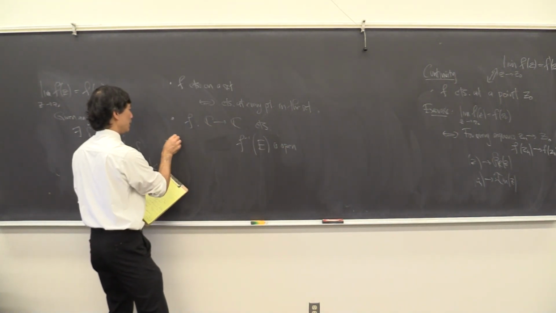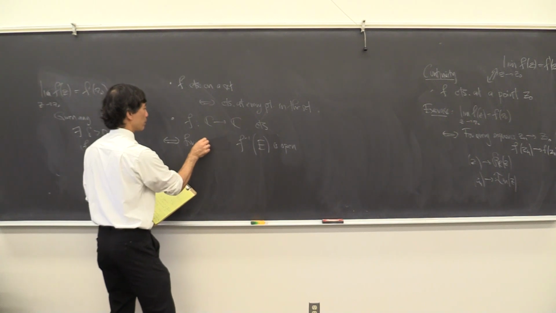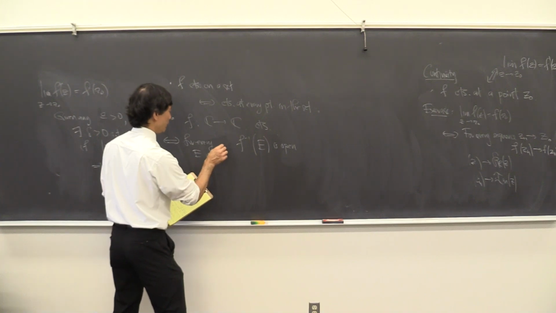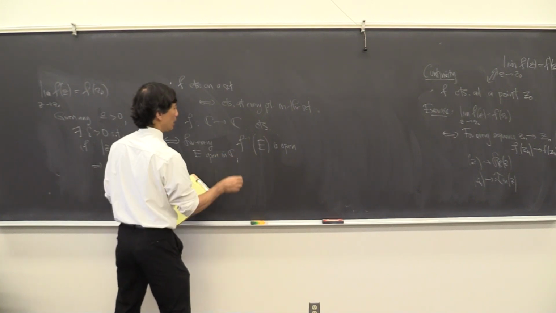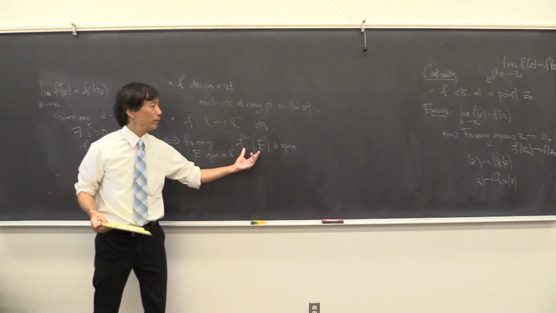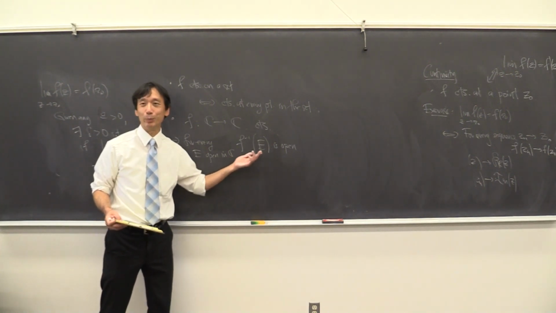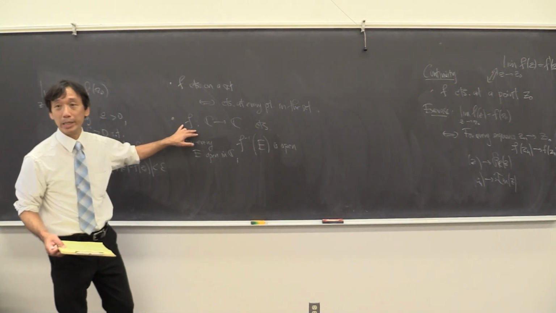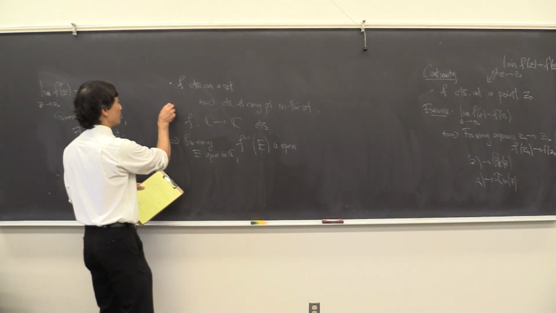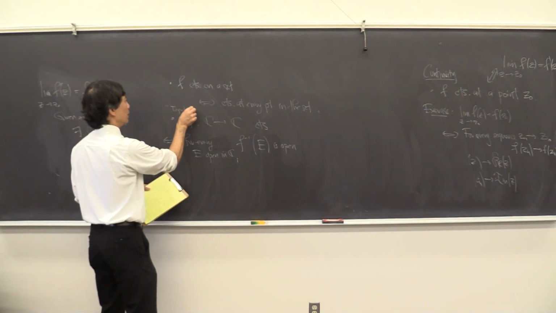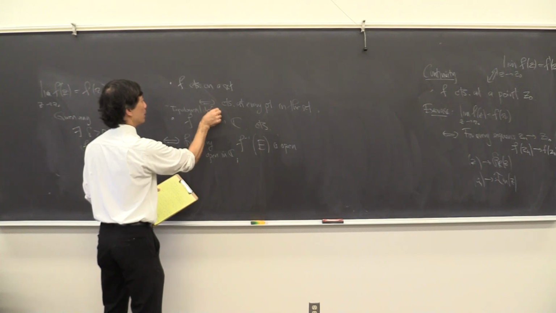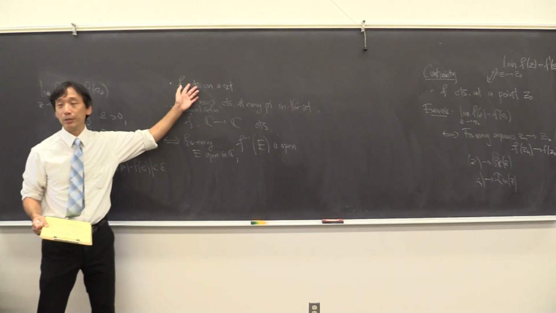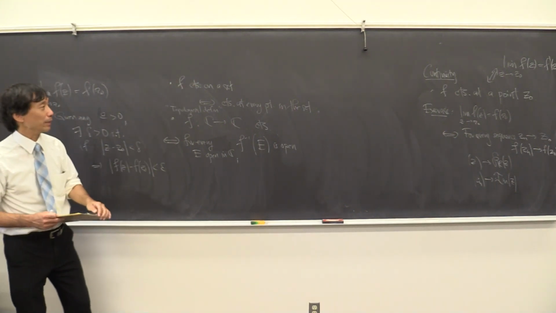So for every E open in the range, excuse me, the pre-image of an open set is an open set. So this is another way of looking at continuity. It's sometimes called the topological definition. So it's equivalent to being continuous at every point. Okay, so hopefully you've seen that.